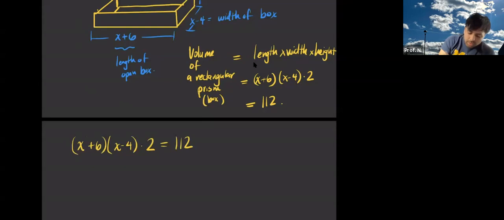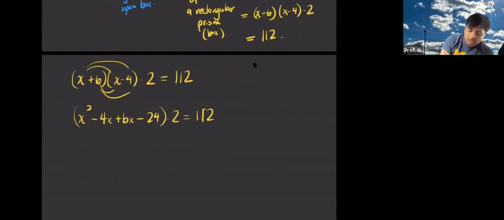So I can expand everything, right? This becomes x squared minus 4x plus 6x minus 24, multiplied by 2, equals 112. What I can do is divide by 2 on both sides.